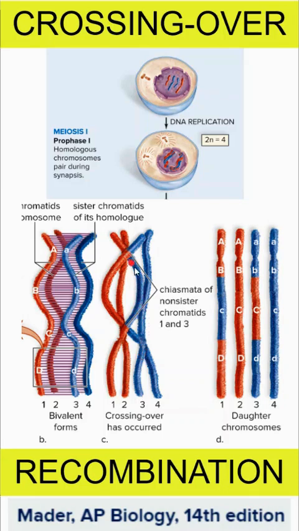The sister chromatids can kind of weave with each other, and there can be double strand breaks. So instead of just having maternal or just having paternal, you can actually create new combinations of chromosomes that contain both maternal and paternal within the same chromosome.